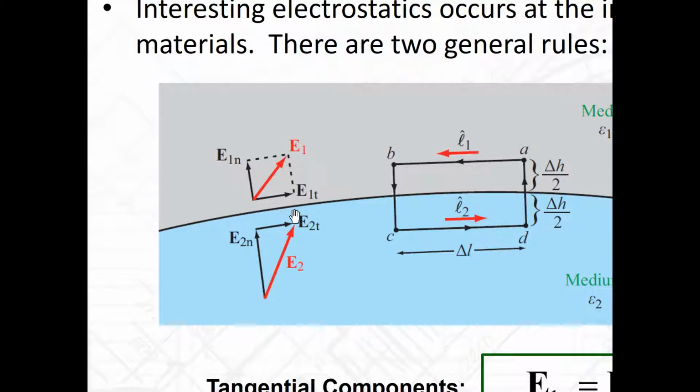Based on the surface angle, there's going to be a tangential component. The tangential component of the electric field is parallel to the surface, and E1n is the normal component, perpendicular to the surface. Any vector can be broken up into a normal component and a tangential component.